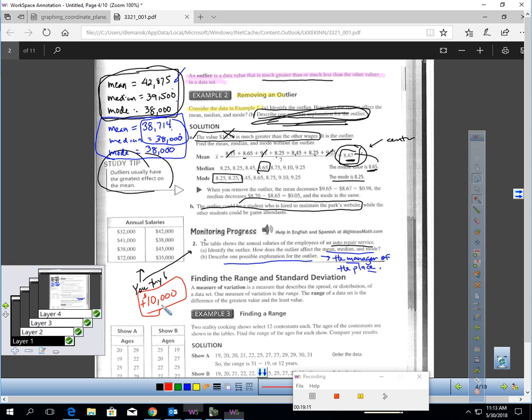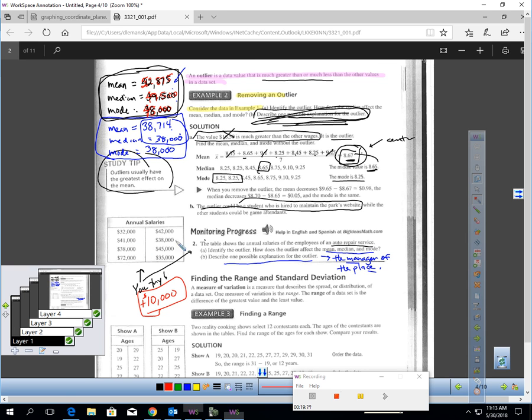So what's that going to do? Well, all I have to do is go up here. It's going to change my mean by 10,000. So I'd add 10,000, make it 52,875. It would make my median 10,000 higher, which would now become 49,500. And it would make my mode 10,000 higher, 48,000 would be my new mode.